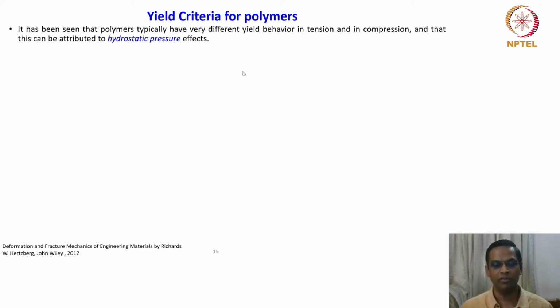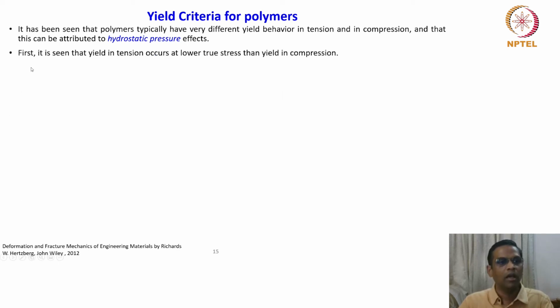We had a very nice illustration. We also discussed how compression behavior is entirely different from tensile behavior when it comes to deformation of long chain molecular materials, namely polymers. So that is exactly what is brought in here. The hydrostatic pressure effects have to be taken into account.